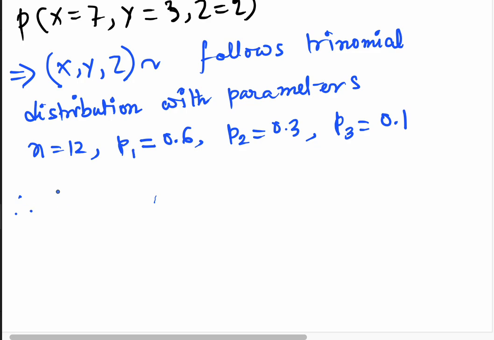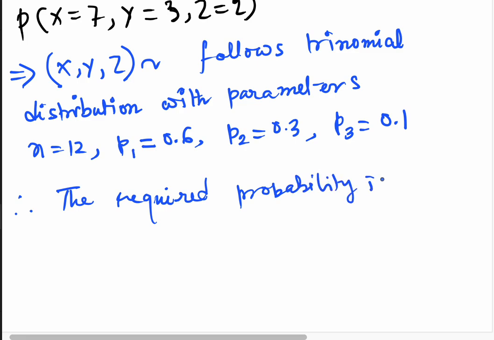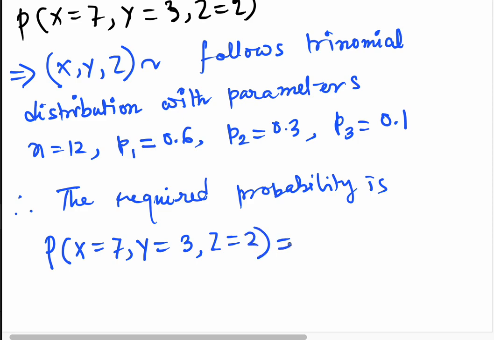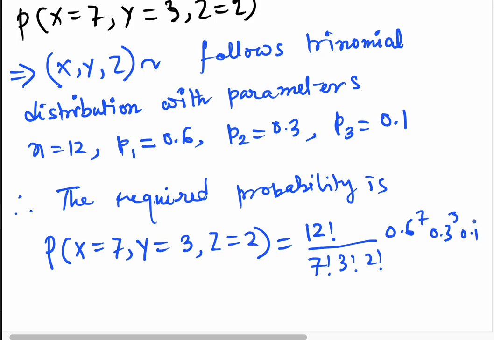And therefore the required probability, the probability of x equal to 7, y equal to 3, z equal to 2, is 12 factorial by 7 factorial into 3 factorial into 2 factorial, 0.6 to the power 7, 0.3 to the power 3 and 0.1 to the power 2.